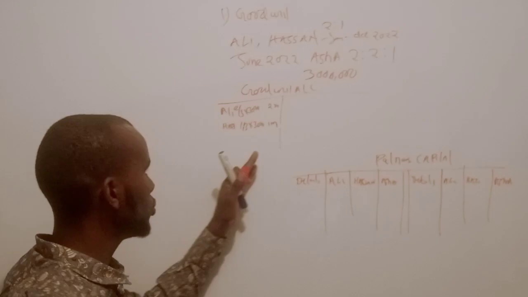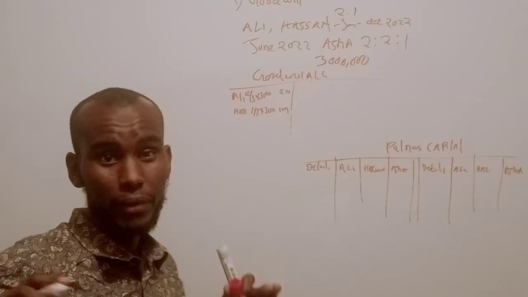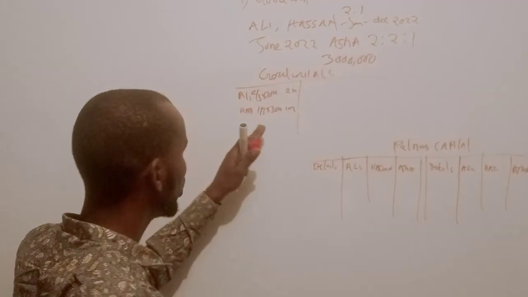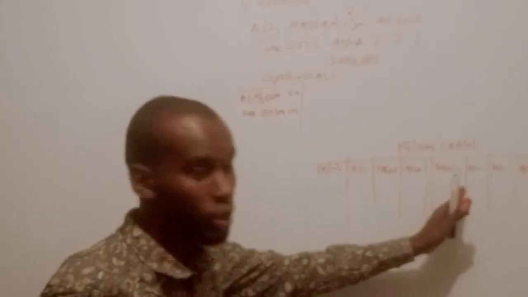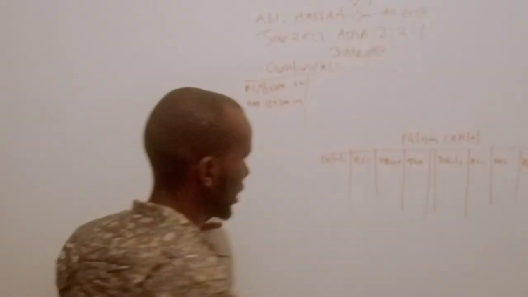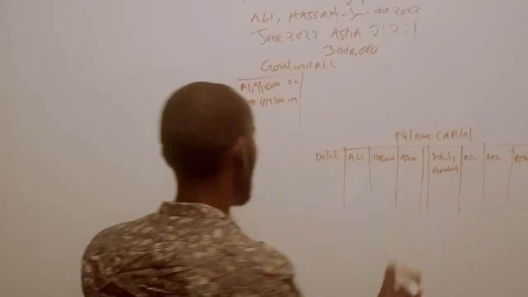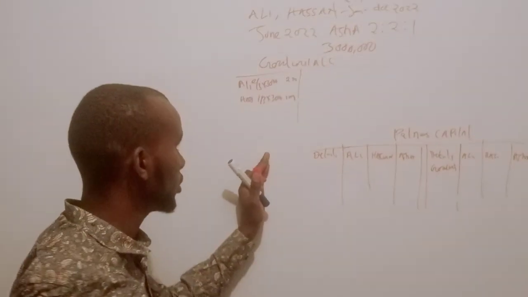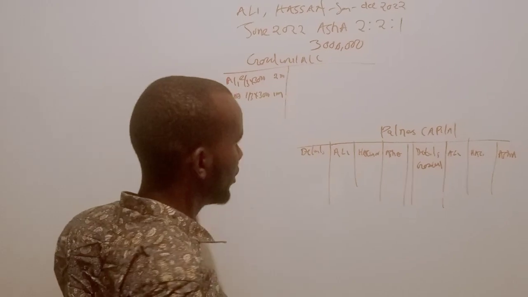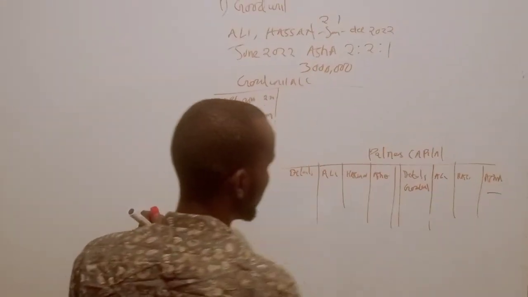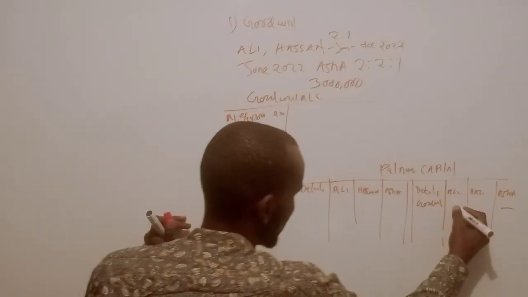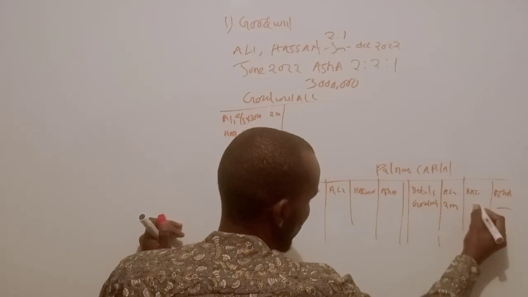Now this goodwill that will be shared by the 2 partners, we are going to debit the goodwill account, and we are going to credit the partner's capital account. So we say here, this is goodwill. And when it is being received for the first time, Aisha will not receive because she is the one paying. Now it will be received by the 2 partners. This comes 2 million and 1 million.